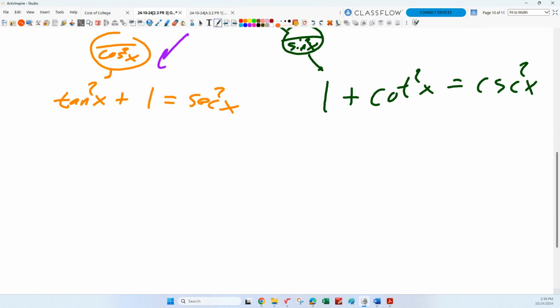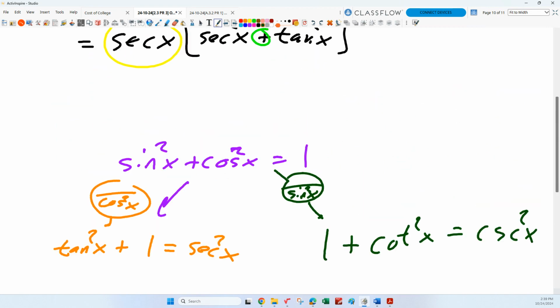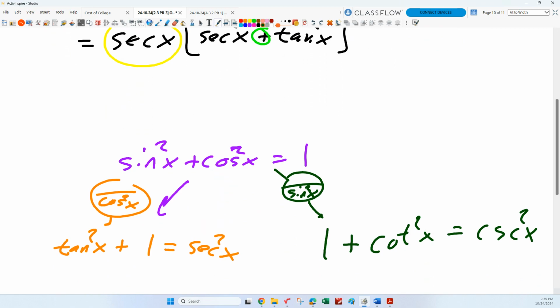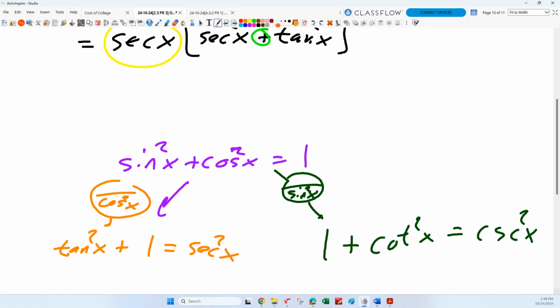So then now I could make my trades, and the useful one would be the orange one, wouldn't it? So I could, for example, trade this tangent squared for a secant squared minus 1, right?